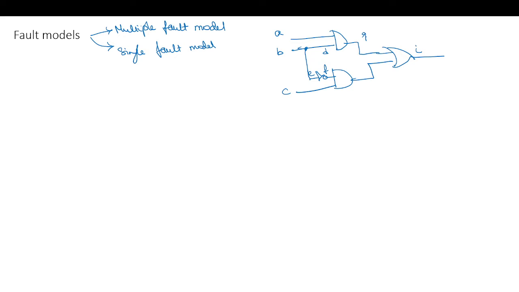What can be the type of fault? Generally, if we consider a stuck-at fault, it can be either stuck at 1 or stuck at 0. So two types of fault. And what are the fault sites? If we consider this, there can be a fault here, here, here, here, here.